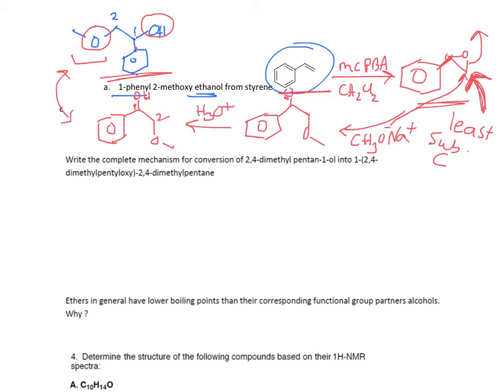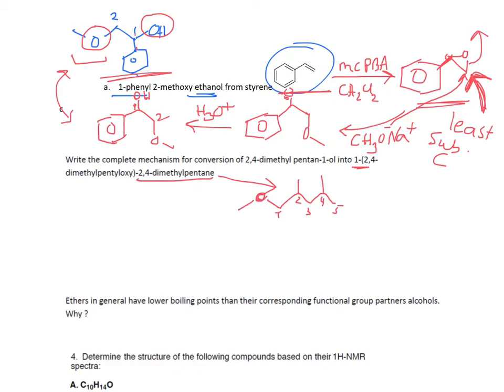Let's just first see what these structures are. It says that it's 2,4-dimethylpentane, so let's draw pentane first, and 2 and 4-dimethylpentane. And on that, I'm supposed to put at position 1, I'm supposed to put an oxygen.